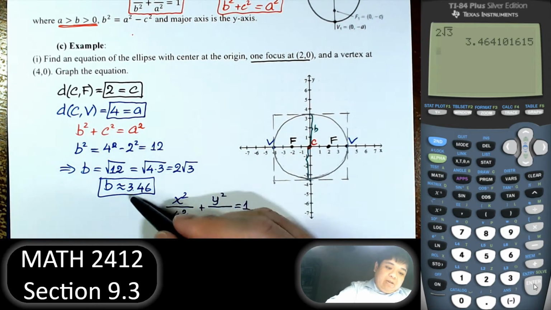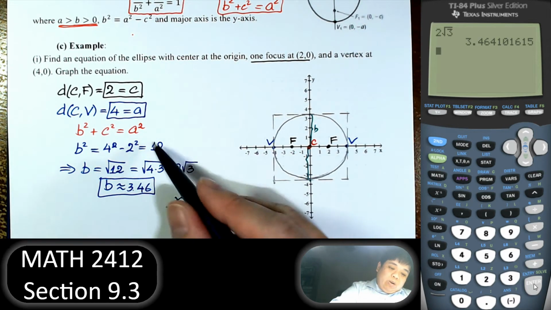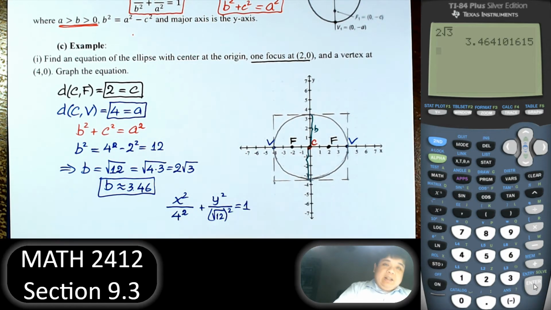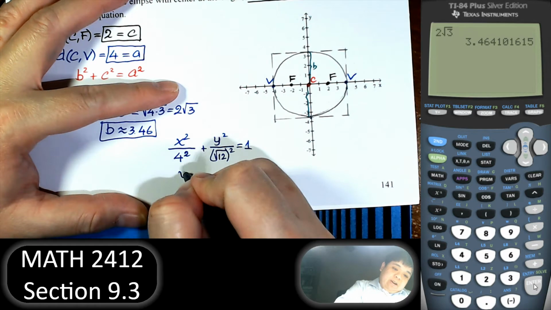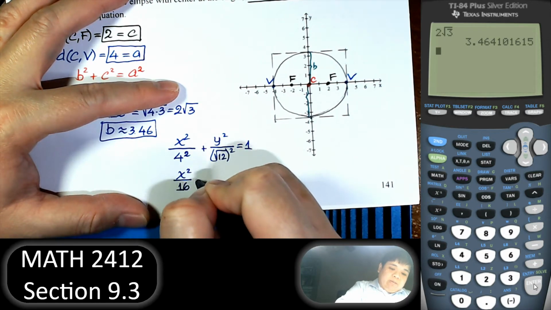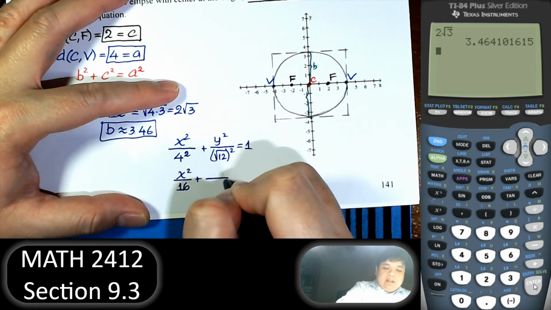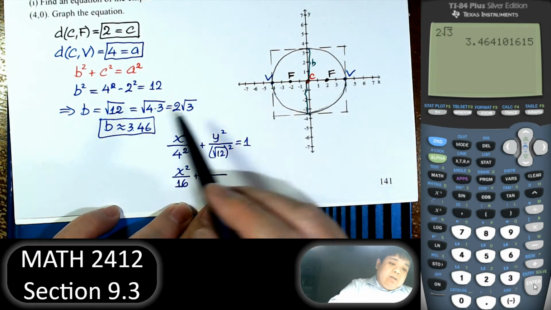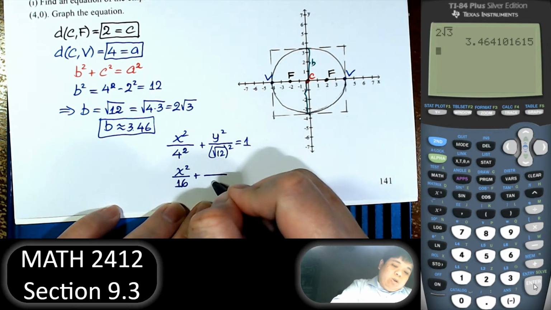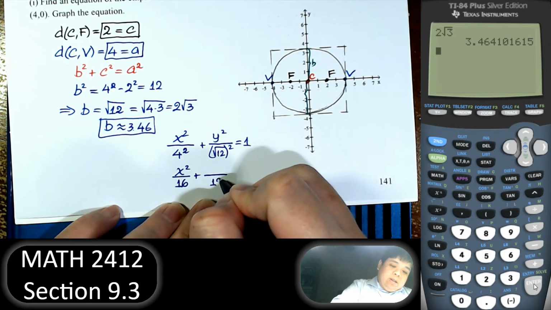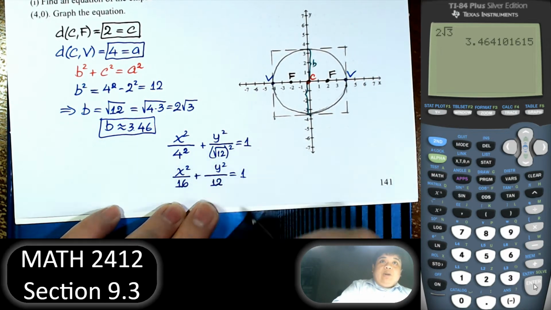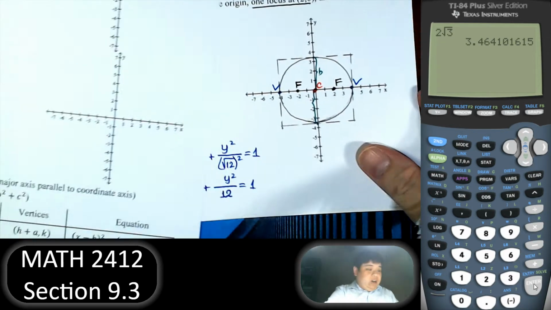And up and down 2 square root of 3 or square root of 12, so we have square root of 12 squared. So 4 squared at the bottom below the x squared, and square root of 12 squared at the bottom below the y squared. So it's going to be 12, equal to 1. Oh, simple enough.